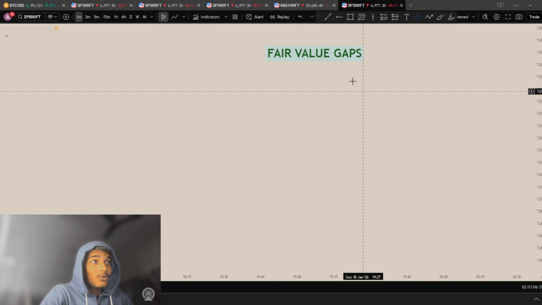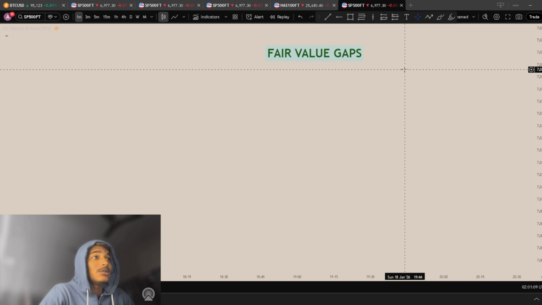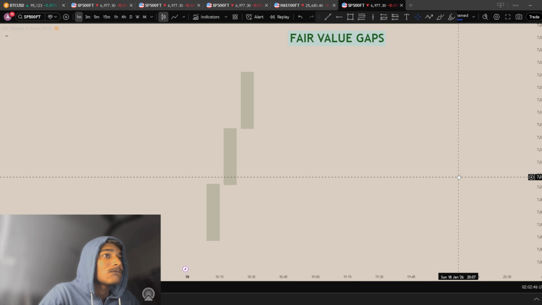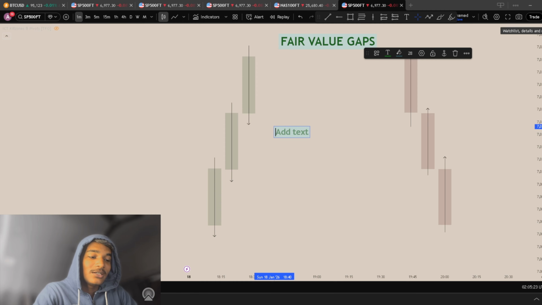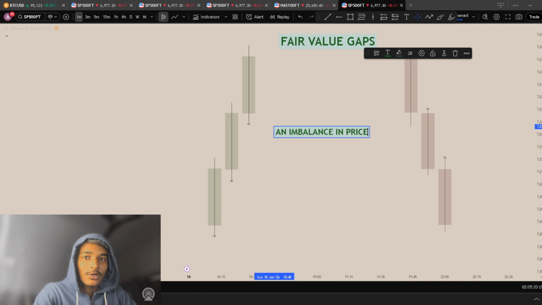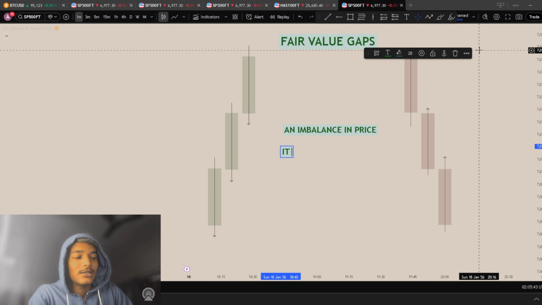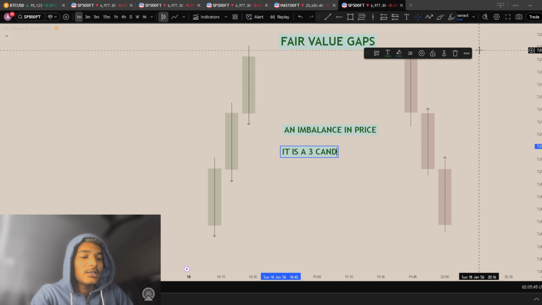So I am going to talk about the fair value gap. There are two major types of fair value gap: bullish fair value gap and bearish fair value gap. First, you have to understand what a fair value gap is. A fair value gap is basically an imbalance in price, and it is a three candle pattern.